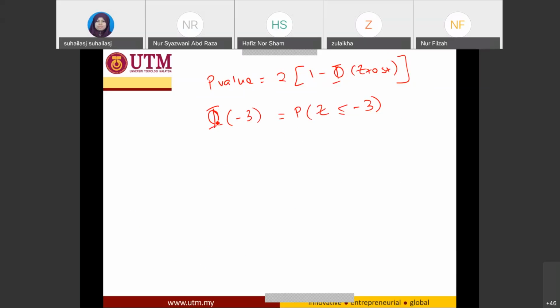Okay, probability Z less than or equal to minus 3. So you already have this one, 3, and you have 0.0013.